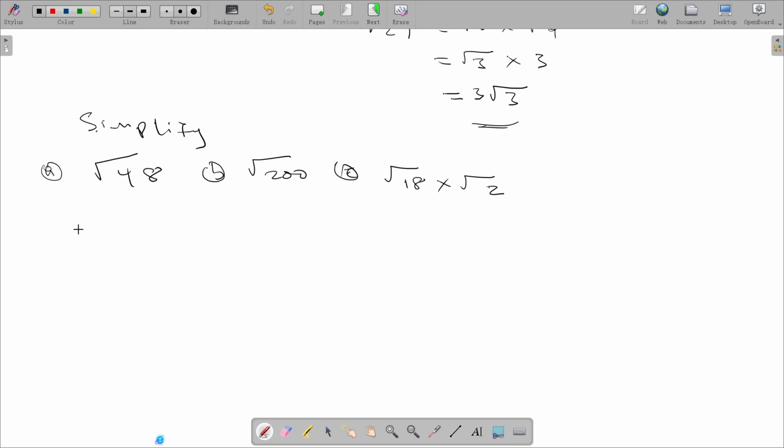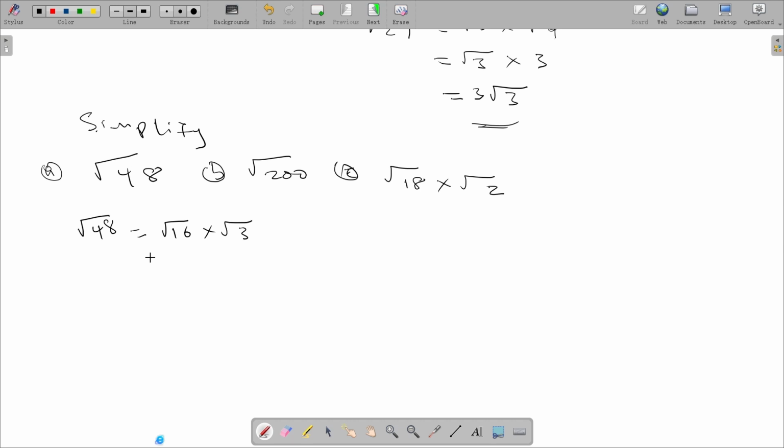So we do know that square root of 48 can be rewritten as square root of 16 times square root of 3.